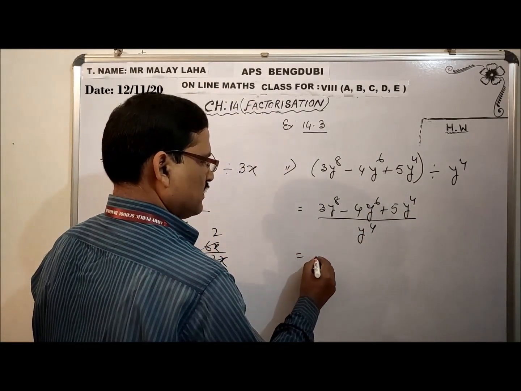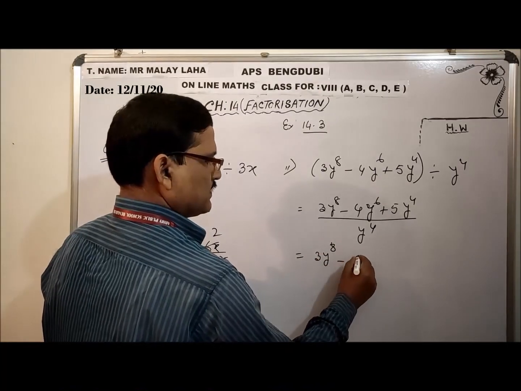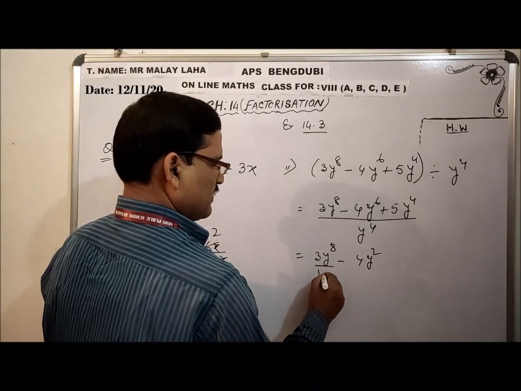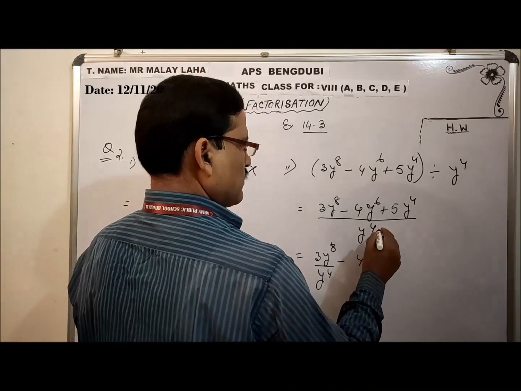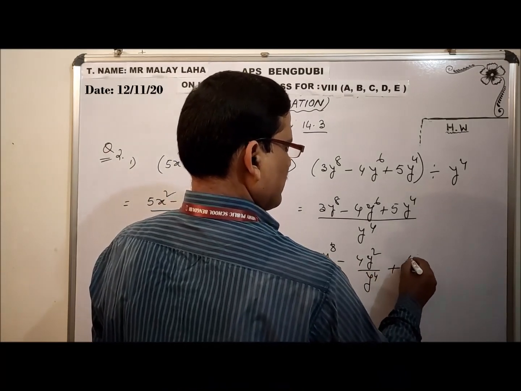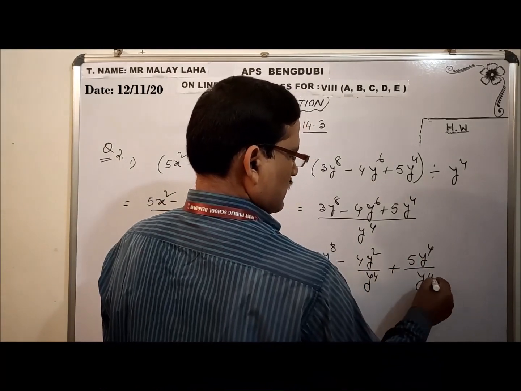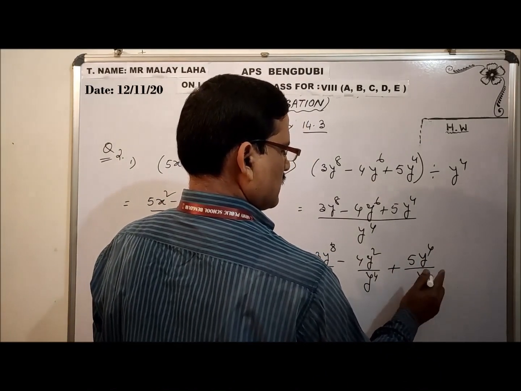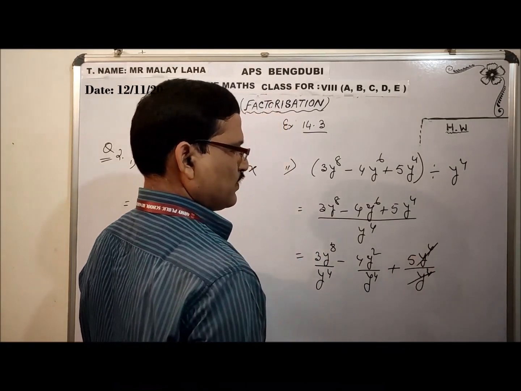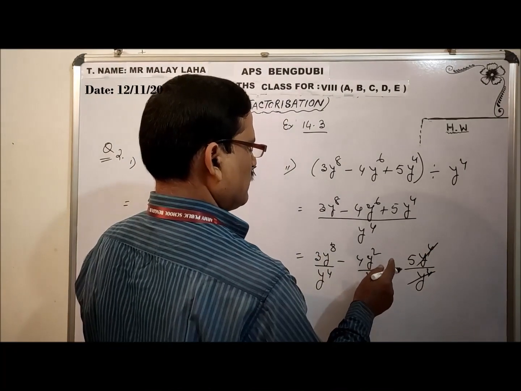Now you split: 3y raised to 8 by y4, minus 4y raised to 6 by y4, plus 5y raised to 4 by y4. Now this y raised to 4, this 4 gets cancelled. So when you cancel, it will be what?